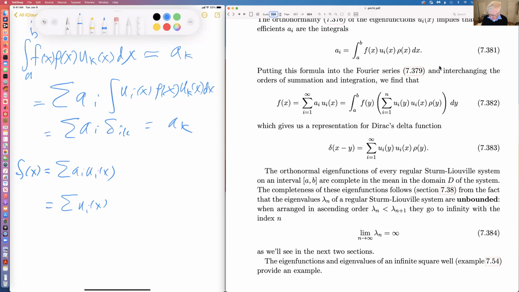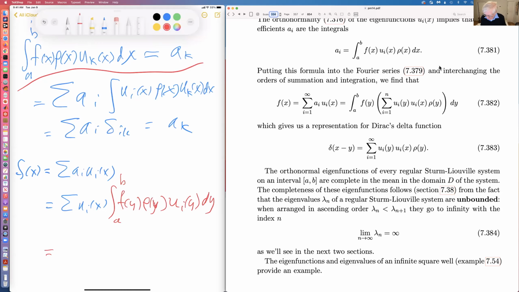And now what is a_i? Using this formula, a_i is an integral from a to b of f of y, changing variables to y, u_i of y dy.